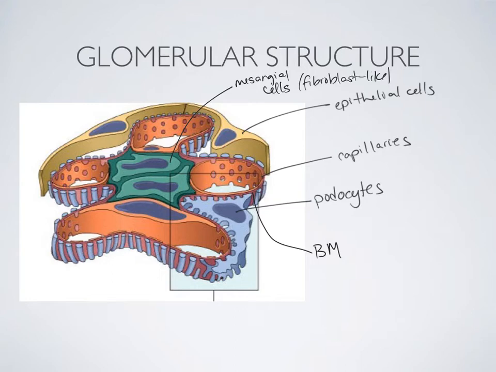So I want to get into a little bit more detail about that filtration barrier here. I'm just going to draw. So imagine we're taking a cross-section now in the other direction, and this is the epithelial cell.